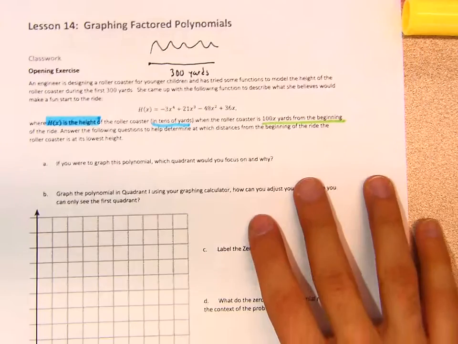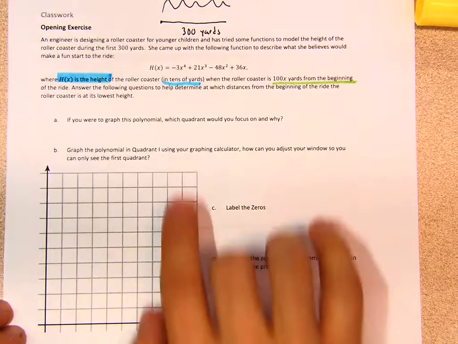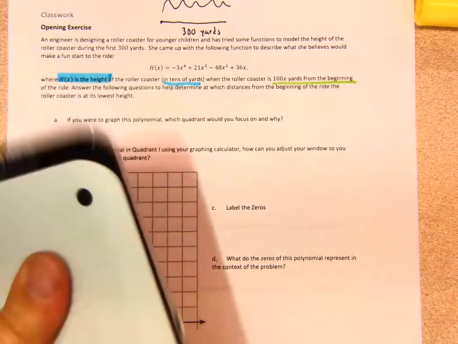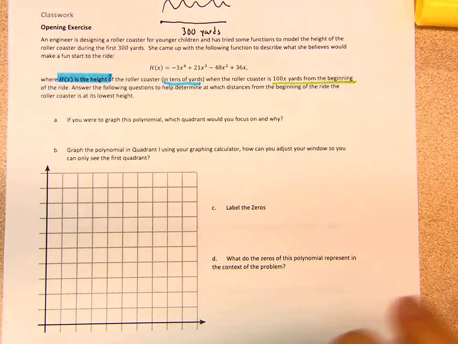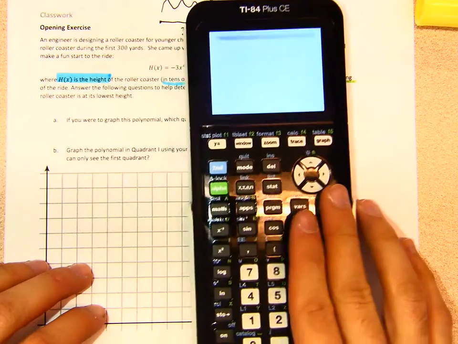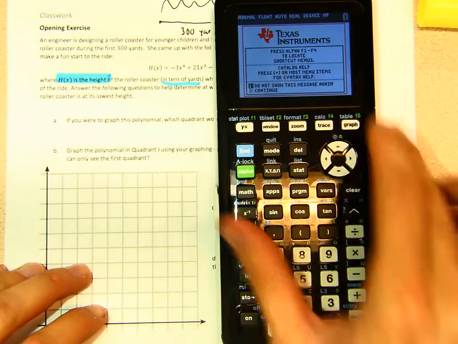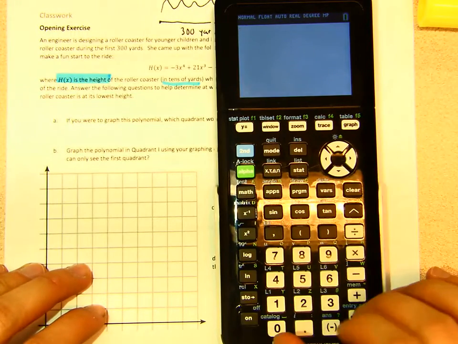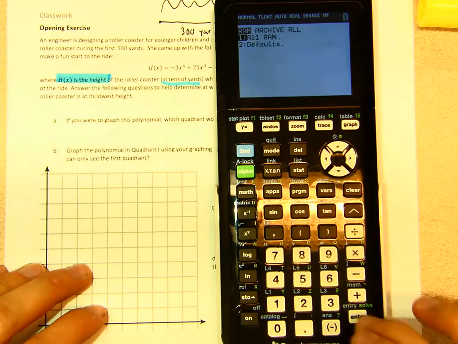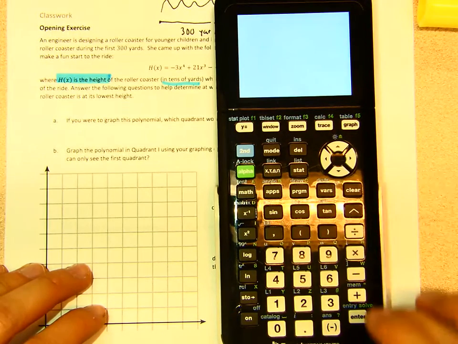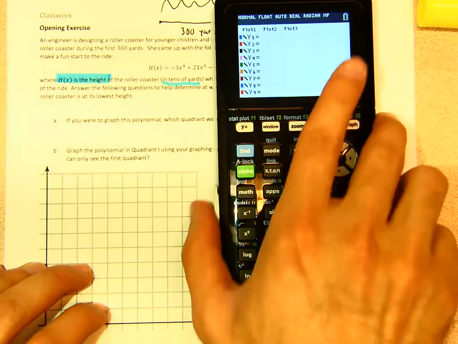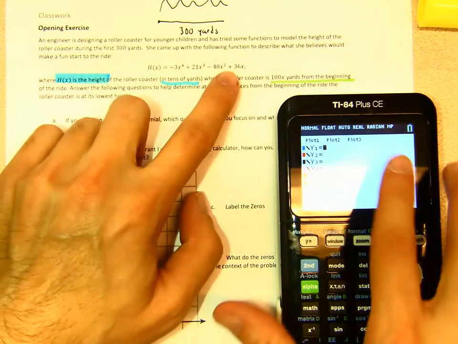So if we have this polynomial, let's graph it. Take out your calculator, or whatever you need. Let's reset the calculator: second, memory, reset, enter, all RAM, reset. Okay, so now it's reset. Let's go to y equals and plug this function into the calculator.